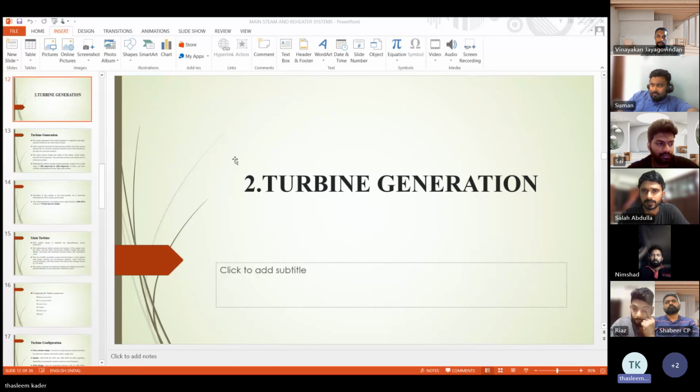This is the total working principle of the nuclear power plant, and so it is the main turbine. A turbine also has a very important role, like the steam generator and other components such as the reactor vessel.